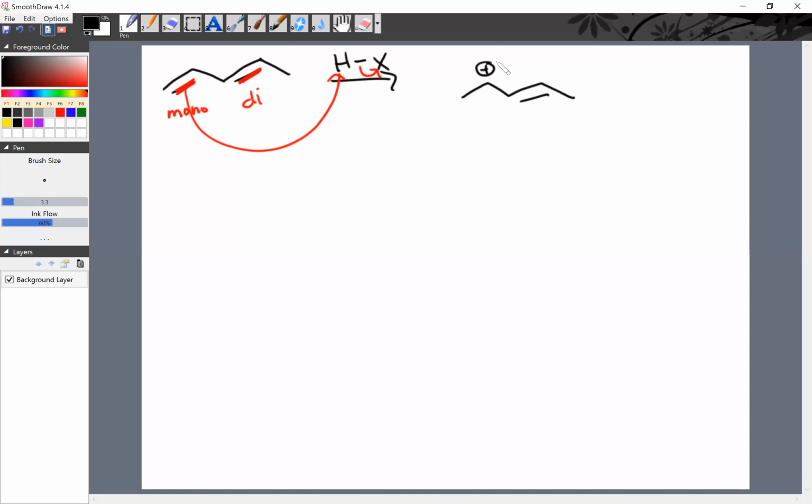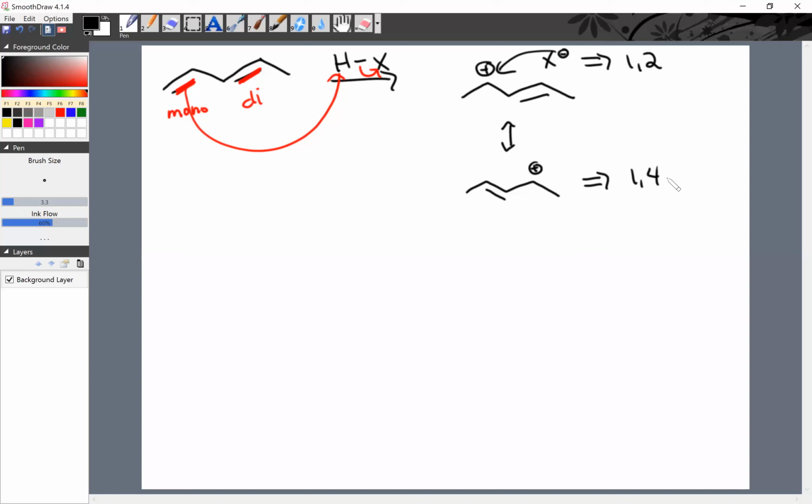Now I could go on and I could do 1,2 addition. Or if I give it time, it can actually go through resonance and end up with the 1,4 product.